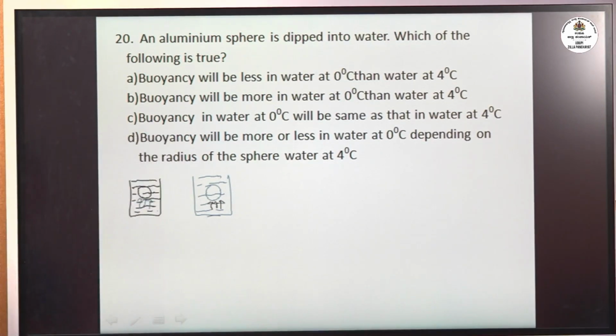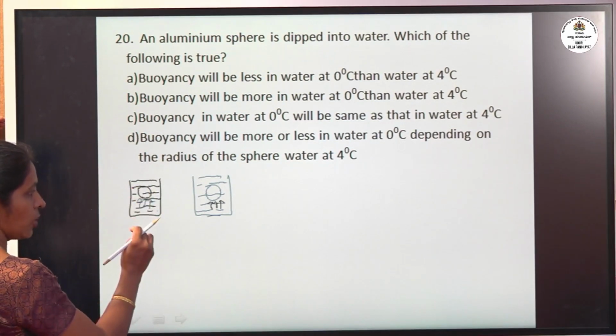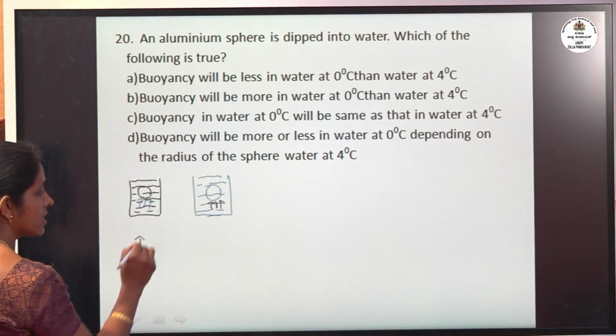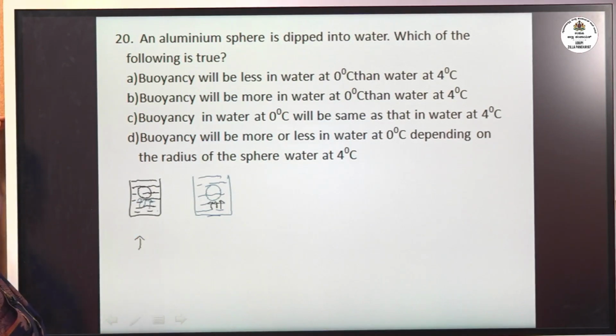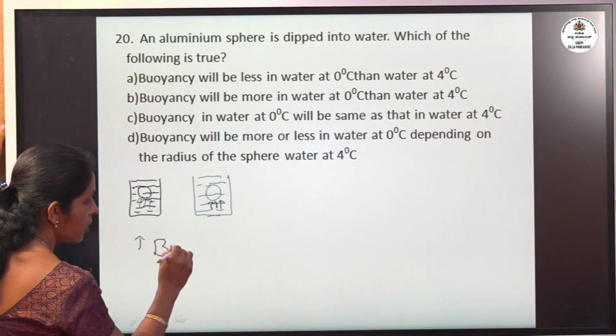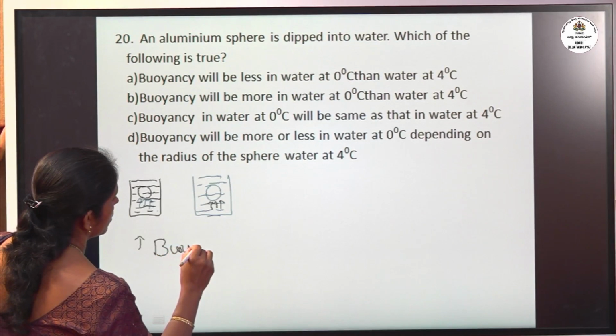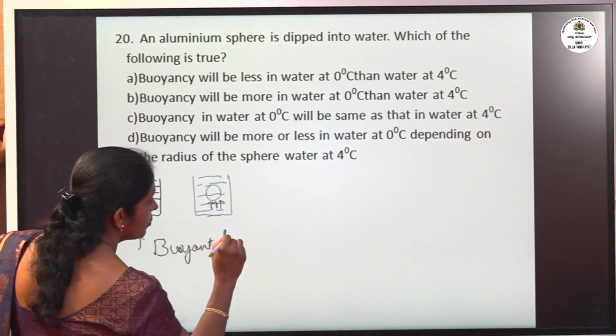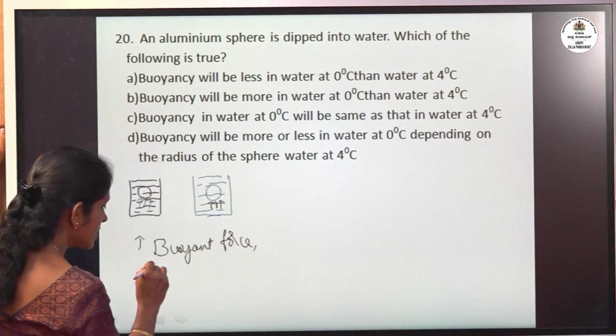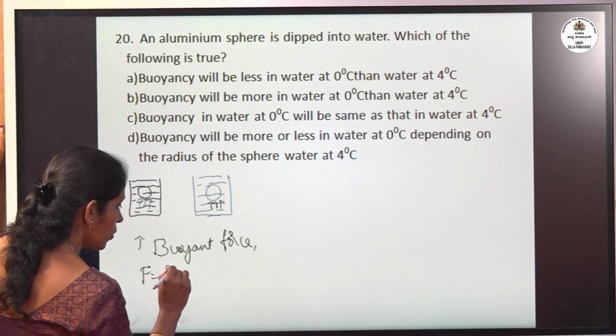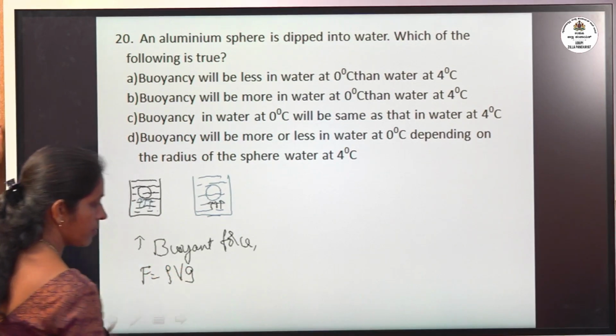Here, when the aluminium sphere is dipped in water, water exerts an upward force. This is called buoyant force. Buoyant force is given by F is equal to rho V g.